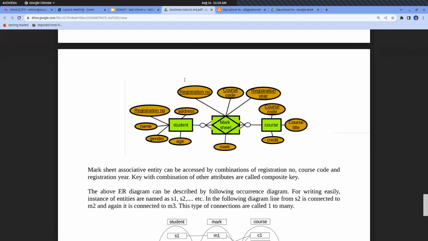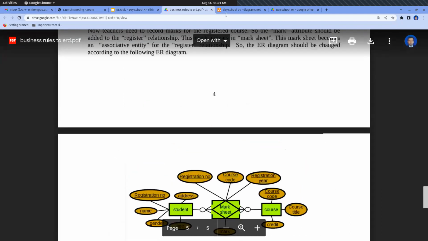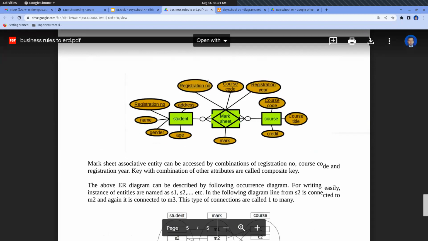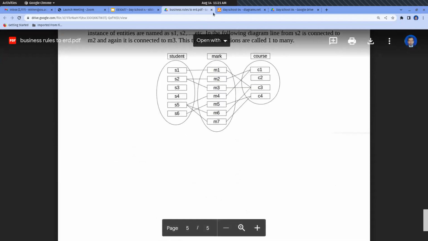Actually, in a real database, there is not only one entity relationship diagram; there may be different entity relationships collectively. Okay, now this ERD section is finished.